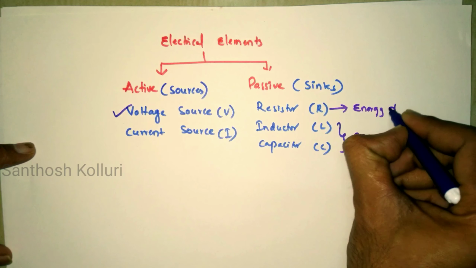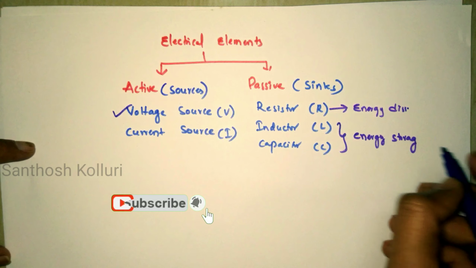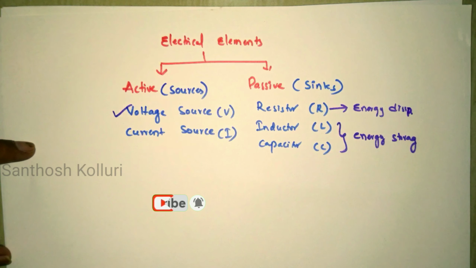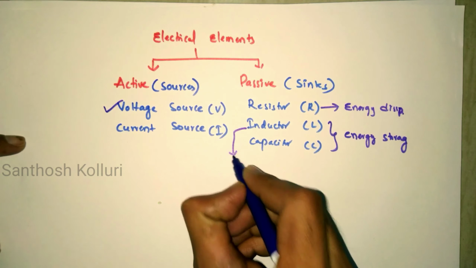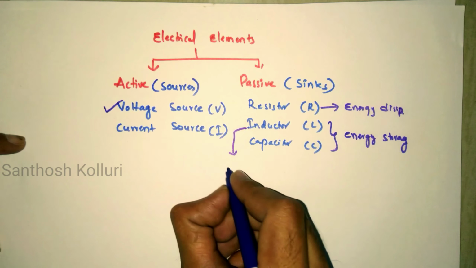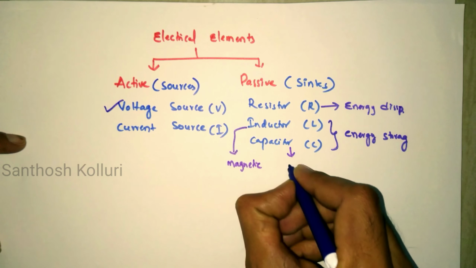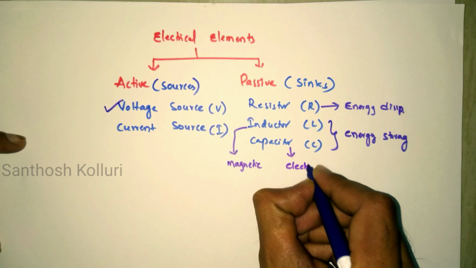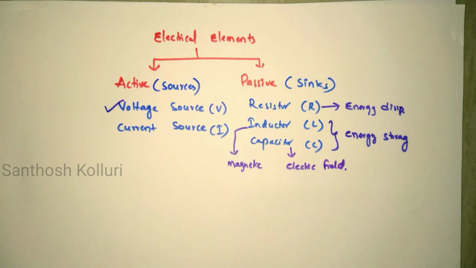The inductor stores energy in the form of a magnetic field, and the capacitor stores energy in the form of an electric field. So these are related to the electrical elements based on the energy available.